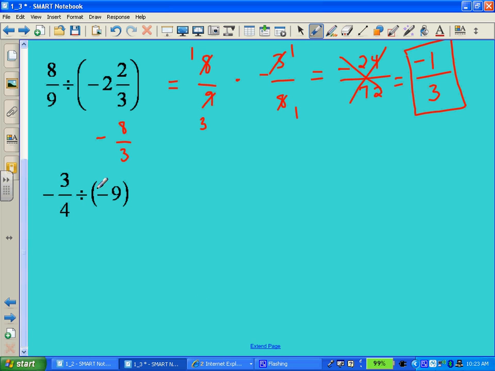I believe I have one more down here for you. Now I gave you this one because you'll notice here that my second number is not in fraction form. I just wanted to remind you that if I have a whole number, I can always put it over 1. So now when I do this problem, keep it, change it, flip it.